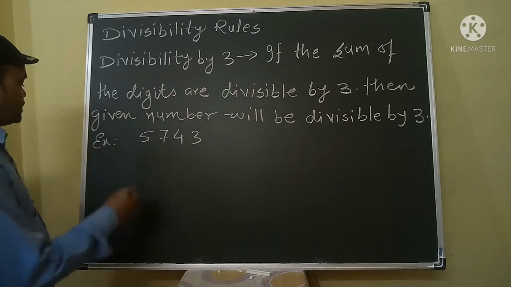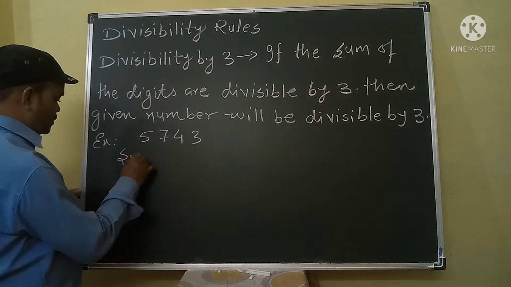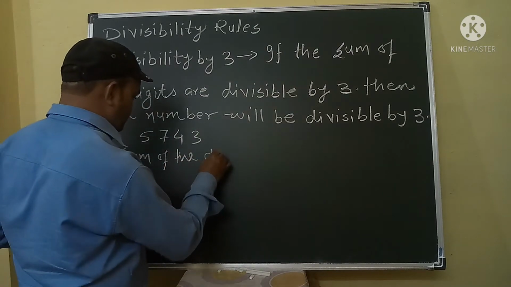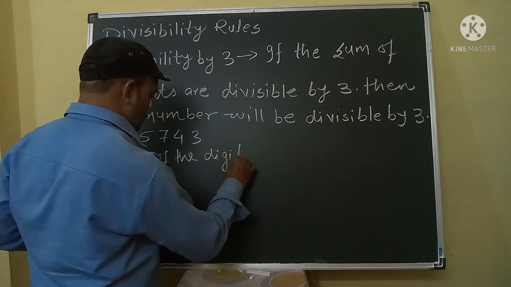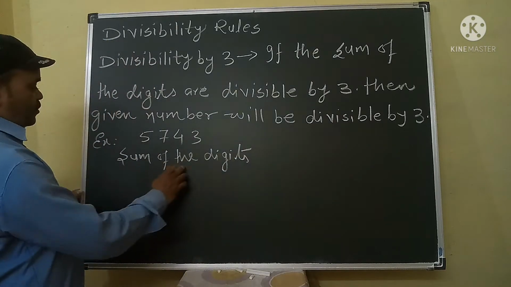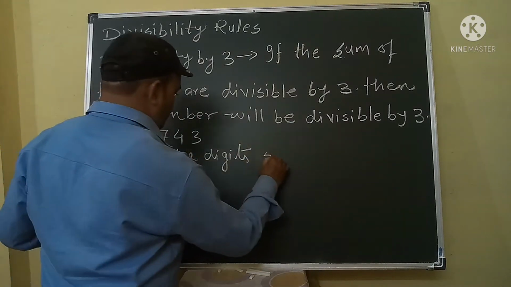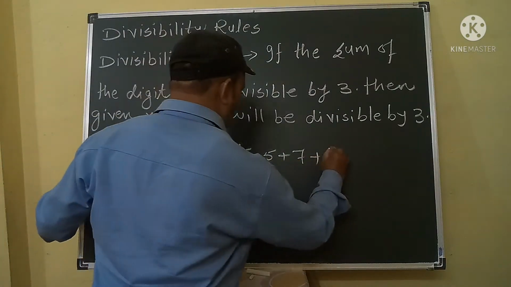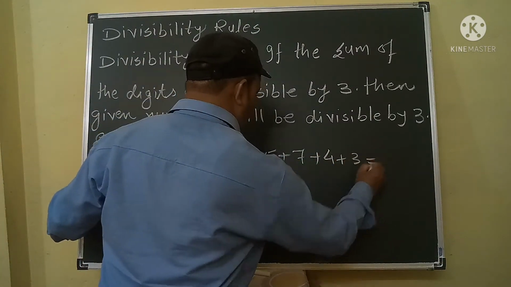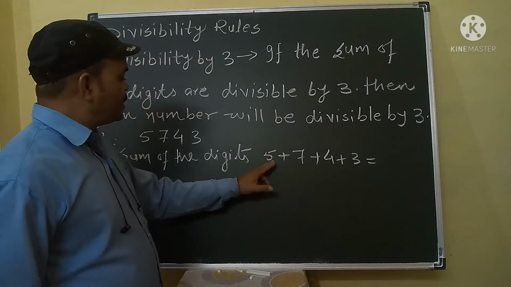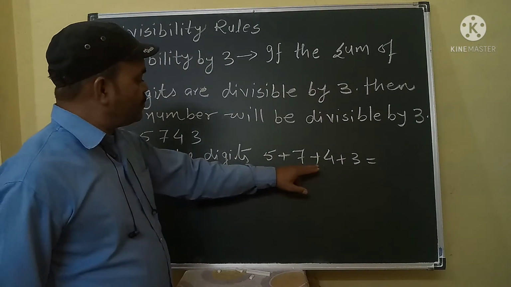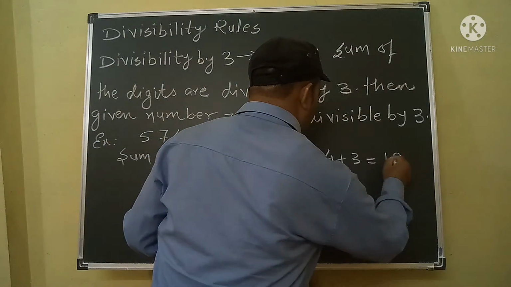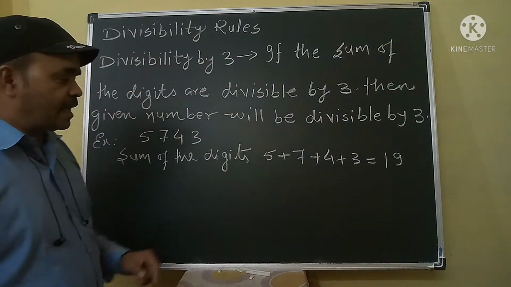Sum of the digits means 5 plus 7 plus 4 plus 3. 5 plus 7 is 12, 12 plus 4 is 16, 16 plus 3 is 19.